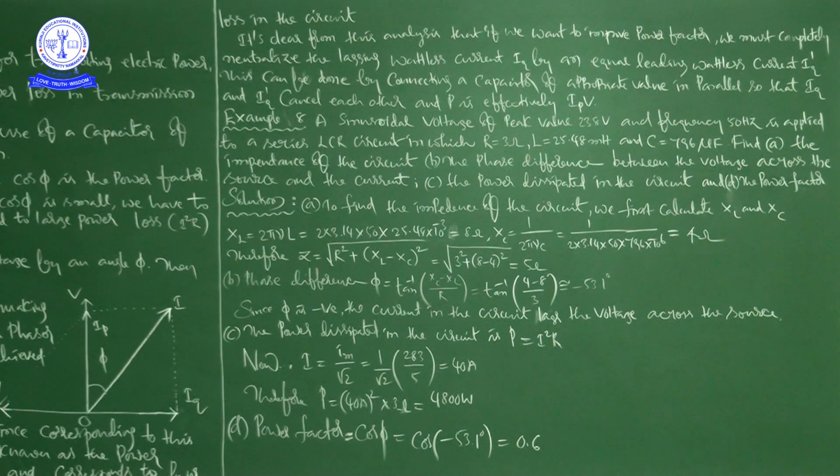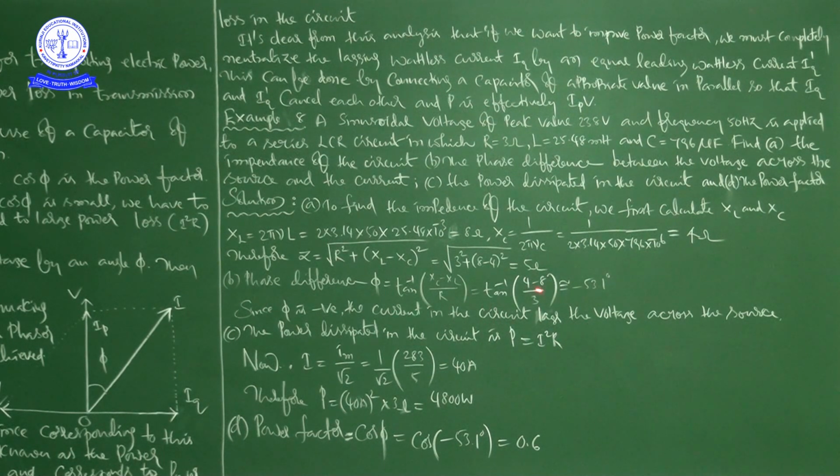A completed. Now B, phase difference. Phase difference phi is equal to tan inverse of (XC minus XL) by capital R. That is tan inverse of (4 minus 8) by 3, which is minus 4 by 3.